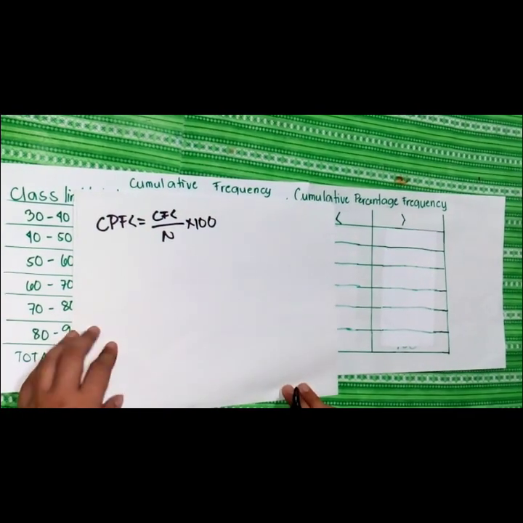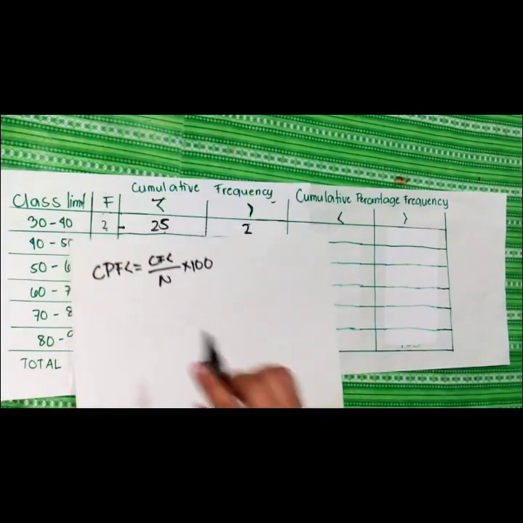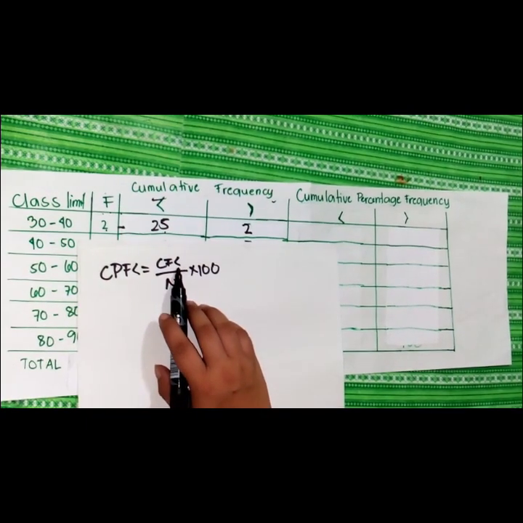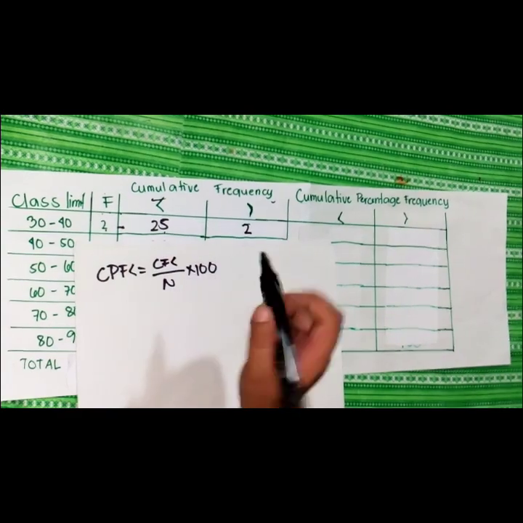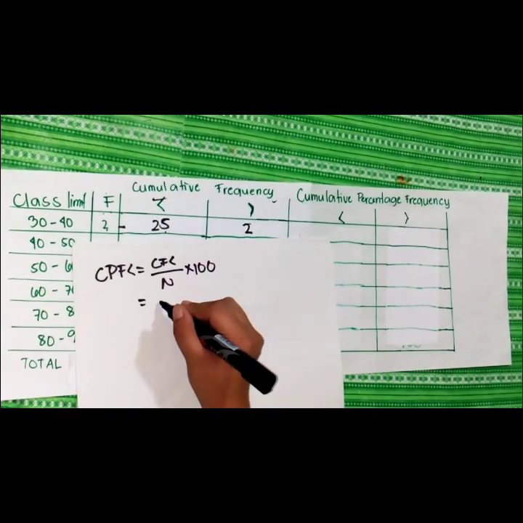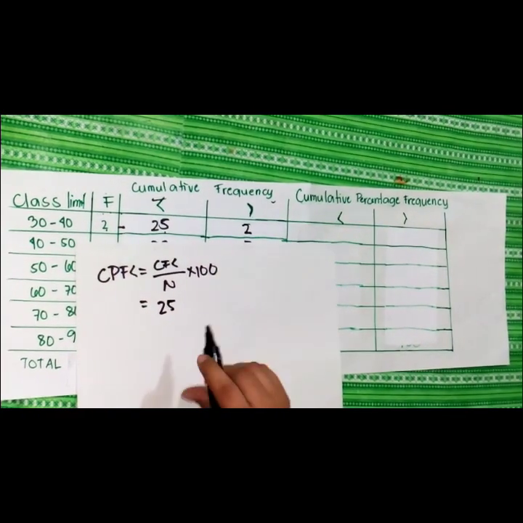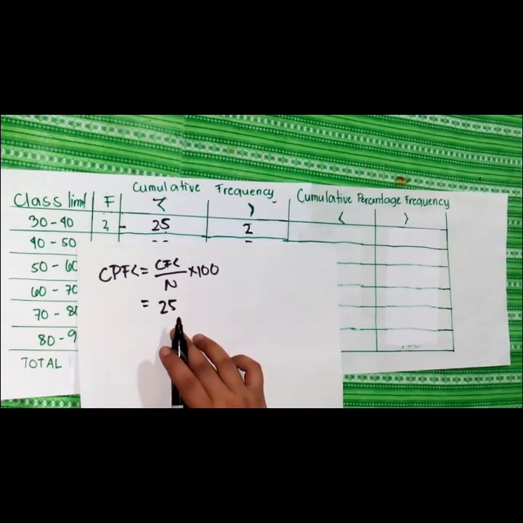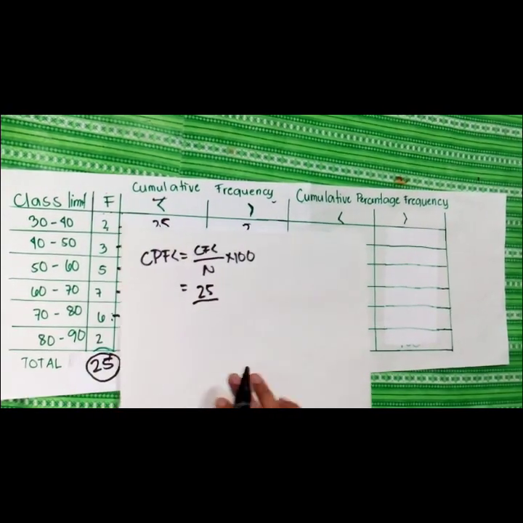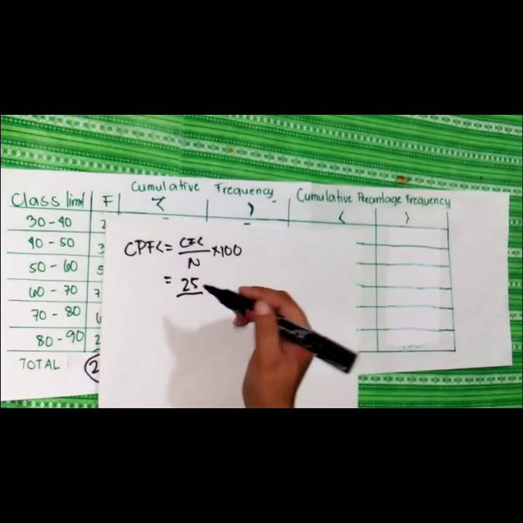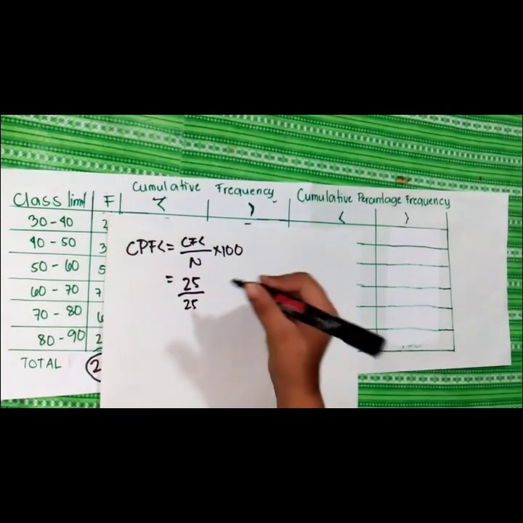In our cumulative frequency lesser than, we have 25, so we write 25 here. And in our number of cases, we have 25 again, so we write 25 here again.